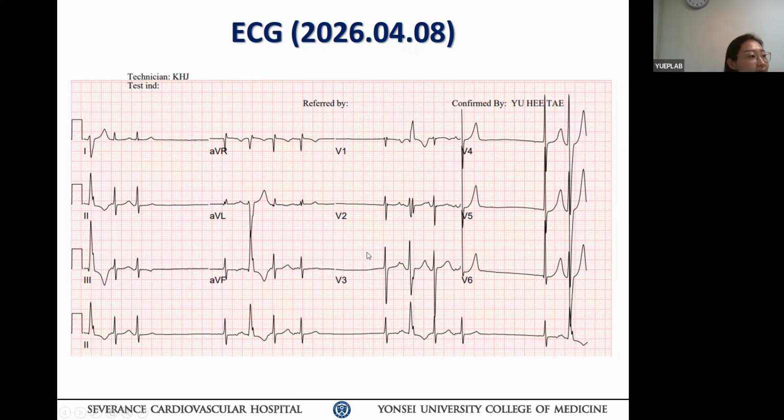So the LV function could be relatively normal in this patient. And Dr. Om, your comment? I wonder if the P-wave interval is regular or not. Can you measure it on the screen? You don't have a caliper?